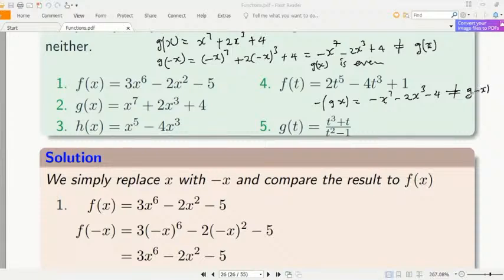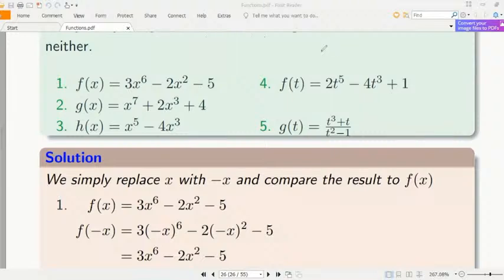Negative multiplied by g of x is not the same as g of negative x. So then it means that g of x is not odd. It was not even, it's not odd. It's therefore neither odd nor even.